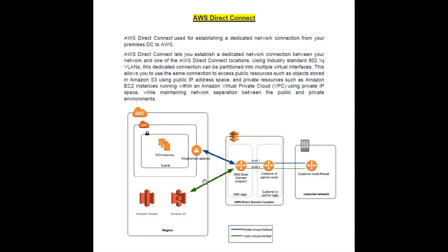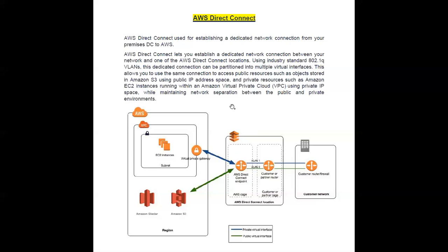Direct Connect gives me a high-speed link where I can connect my services hosted in AWS and my services in the on-premises DC. Using this method, you can access public services like Amazon S3, Glacier, etc., and the private services also.